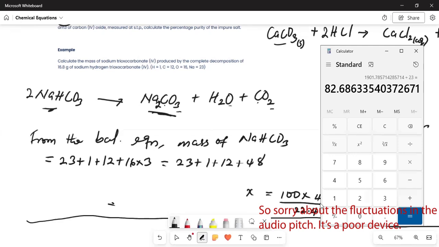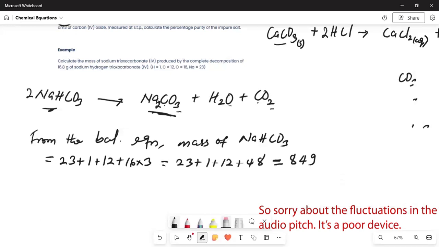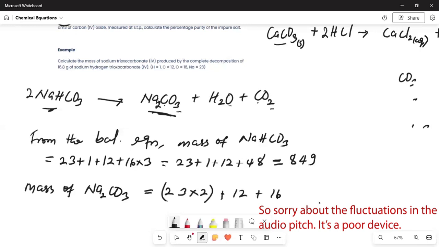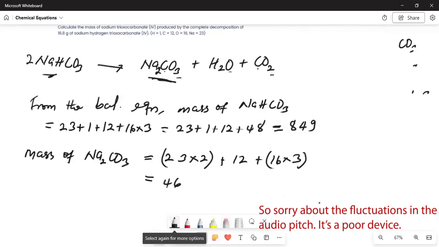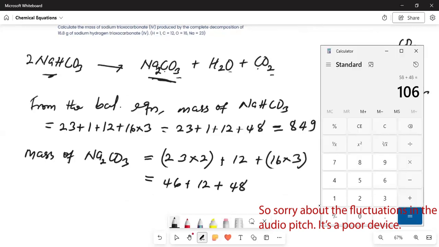That is 24 plus 12, then plus 48, 84. So the mass is 84 gram. The mass of sodium carbonate, sodium is 23 times 2, plus carbon is 12, plus oxygen is 16 times the 3 atoms, that would be 46 plus 12 plus 48, which is 106 gram.